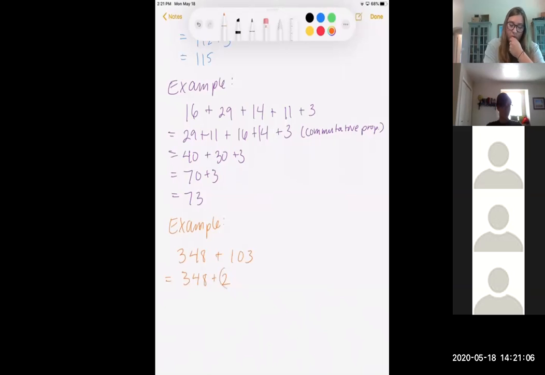So breaking up the 103 into 2 plus 101, I can eventually get 348 plus 2 plus 101. And that'll be 350 plus 101, which is equal to 451. So in this part, where I'm adding from here to here, I did the associative property.